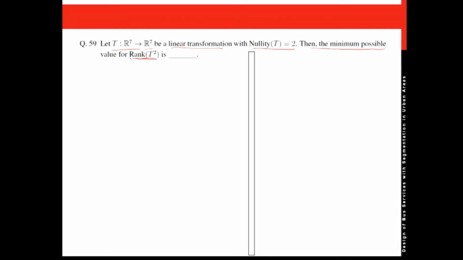So for such questions, if you have a linear transformation, nullity, and rank, there is one important result, the rank nullity theorem.